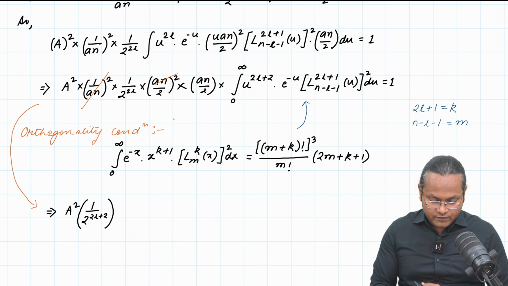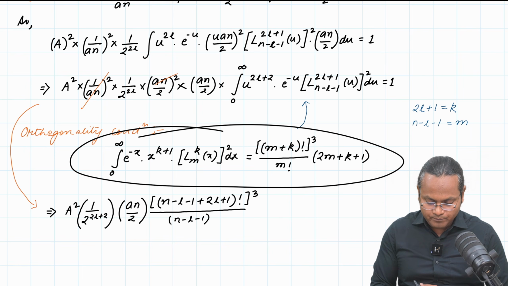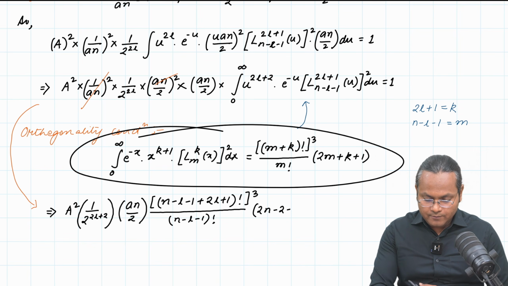We are left with again an upon 2. In this integration, making the necessary substitutions, m is n minus l minus 1 and k is 2l plus 1, so we get (m+k) factorial cubed upon m factorial times twice m plus k, so it is 2n minus 2l minus 2 plus k, where k is 2l plus 1 and plus 1. So this is equal to 1.